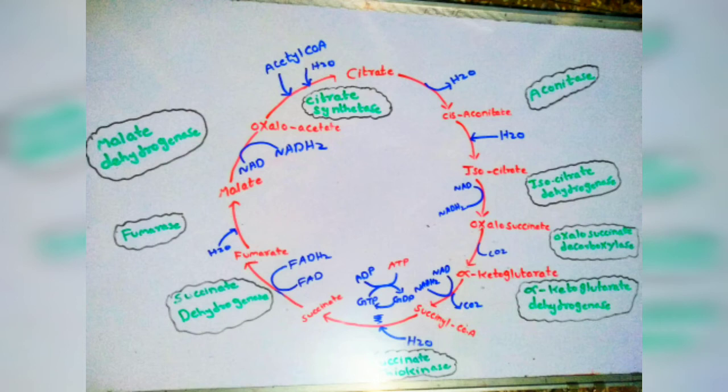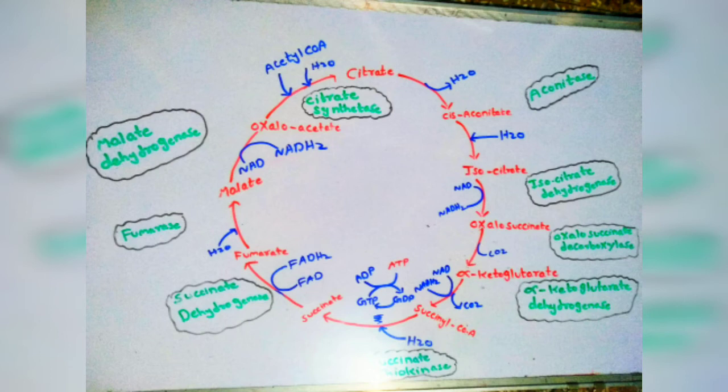Then succinyl CoA is converted into succinate. When succinyl CoA is getting converted to succinate, there is a release of energy, and that energy is utilized in conversion of one GDP molecule into GTP, so there is formation of guanosine triphosphate.